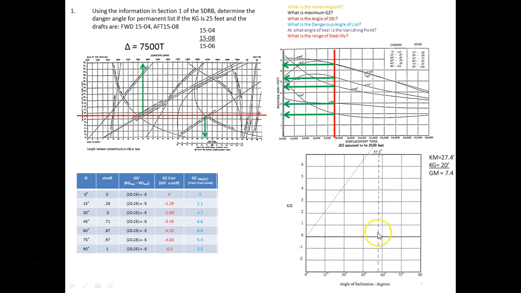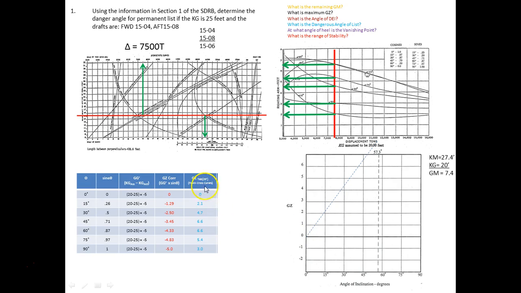This is 1 radian, and the interesting thing is that at 1 radian, the ratio of GM to GZ is 1:1. Simply stated, at 1 radian, I can plot GM on the same scale that I've got GZ on over here. So I can just plot that at 7.4. That's what this line is. I've extended this up to 7.4, and I plotted this dotted line. The first 10 degrees of angle will follow that line linearly because that's your initial stability.